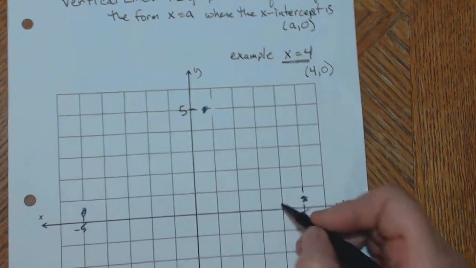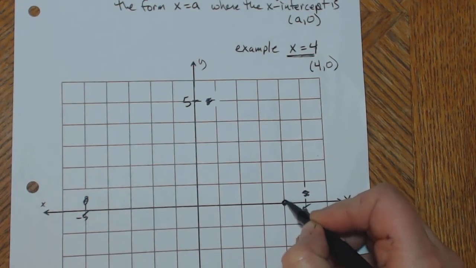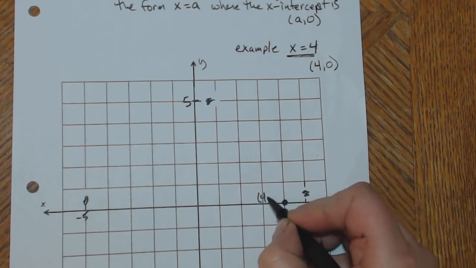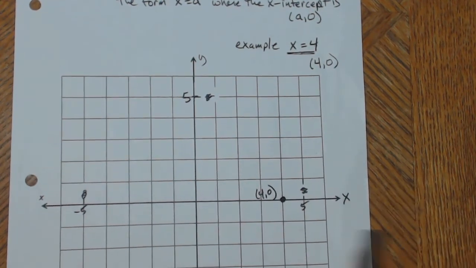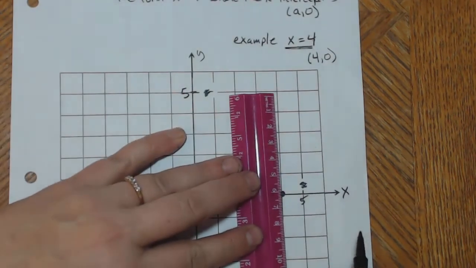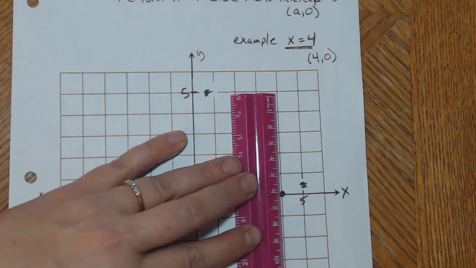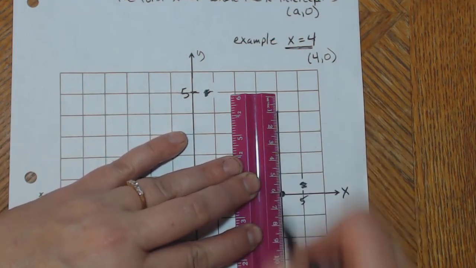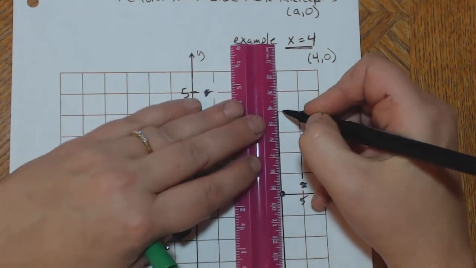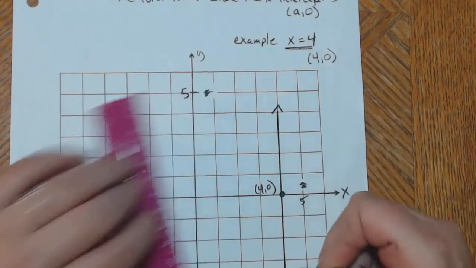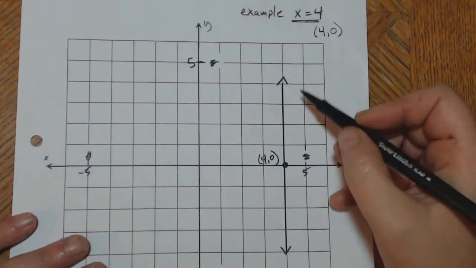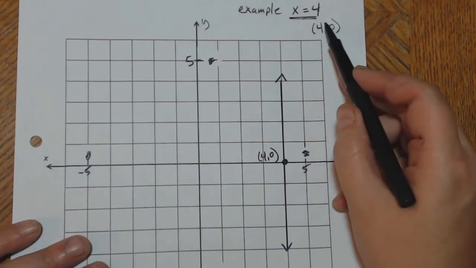So I can find that point and graph it. Here's (4, 0). Since it's a vertical line, vertical straight up and down, I know I'm going to graph my line straight up and down. And there's the graph of the line x equals 4.